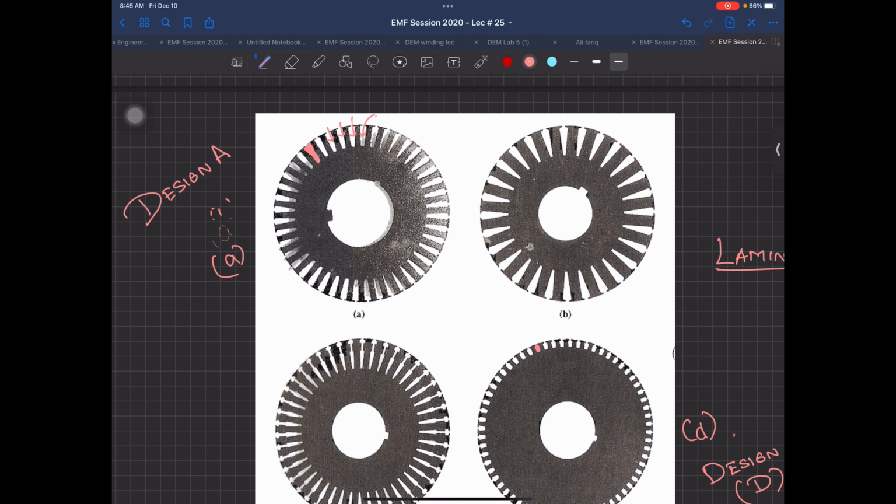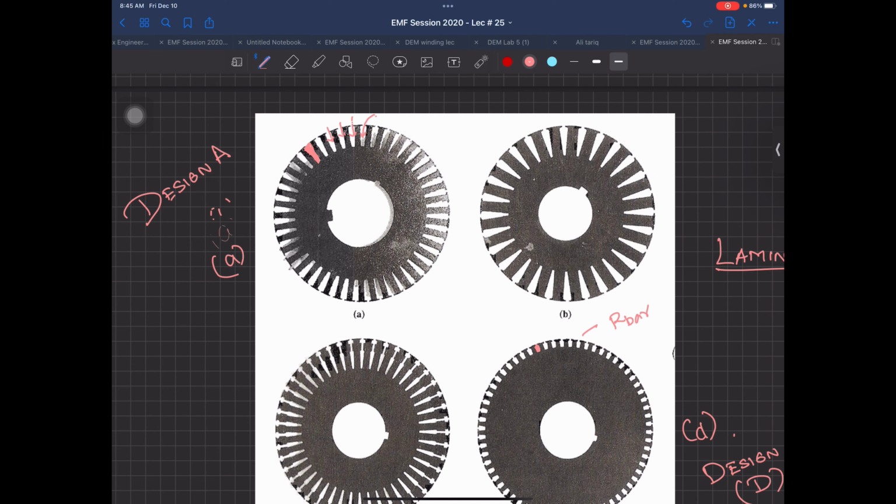Can you compare this? What is it? The bars are small. What will happen because of that? They are in larger number, but the bars are small, which means that they are going to have a little higher resistance.